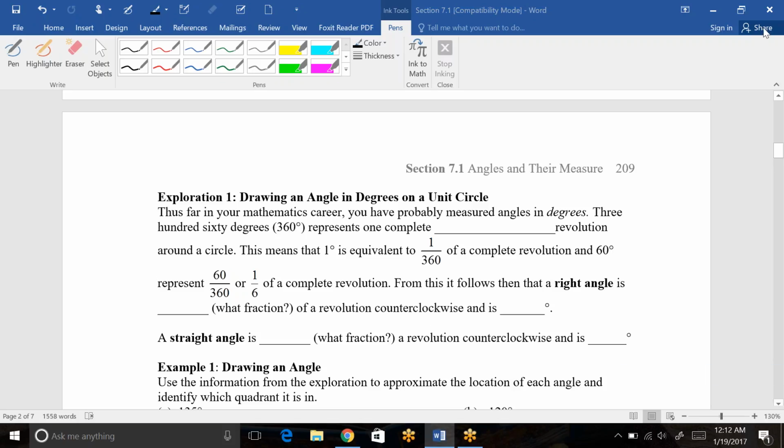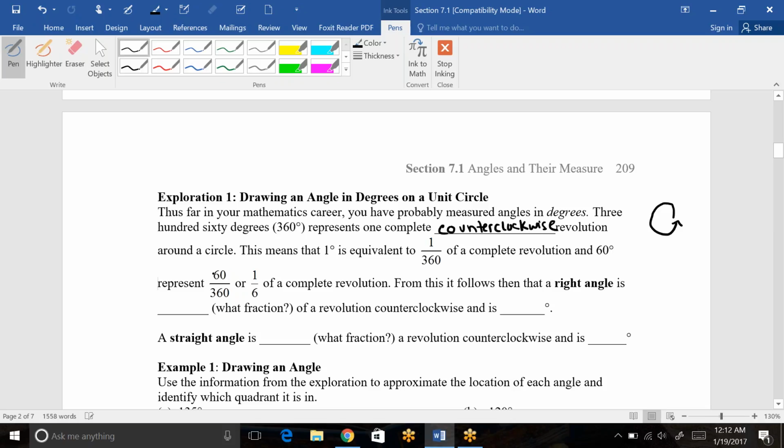And remember we said that for our positive measures, it's a counterclockwise revolution. So if we go one whole counterclockwise revolution of 360 degrees, you essentially have created a circle. And that means that 1 degree is one out of 360 of a complete revolution.